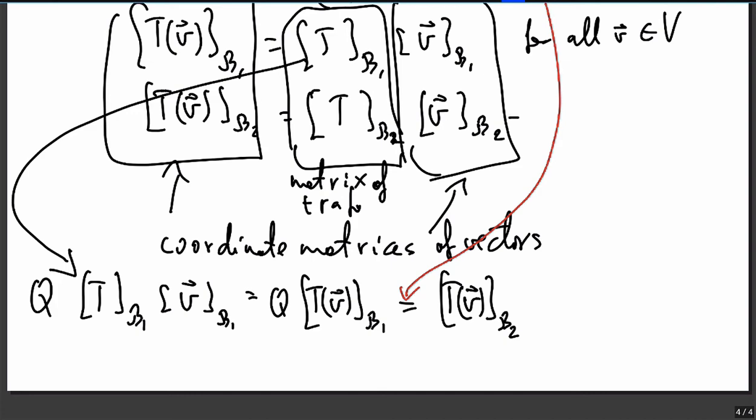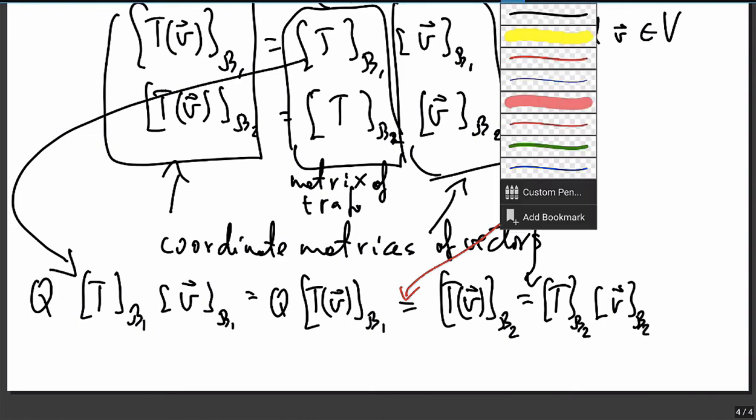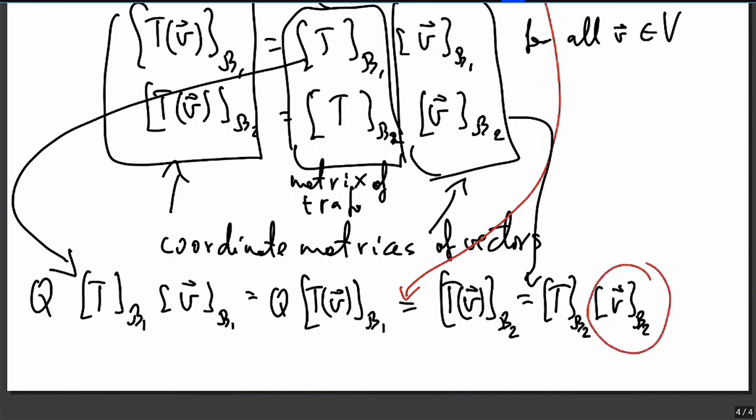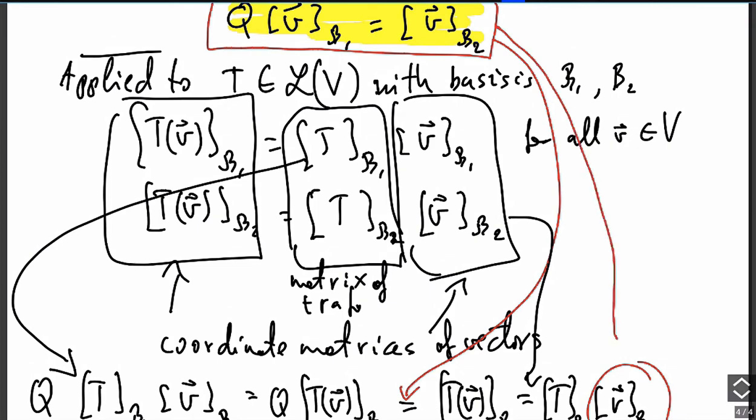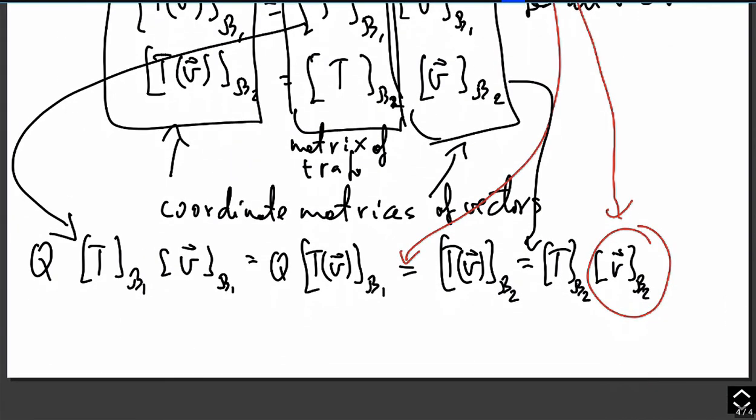Then we can use this second row here and substitute the left-hand side with the right-hand side. This is the matrix of transformation in B2 basis times the coordinate matrix in the B2 basis. Then for this part, for the B2, we can apply again this identity, that the vector in the B2 basis is the same as Q times the vector in the B1 basis.